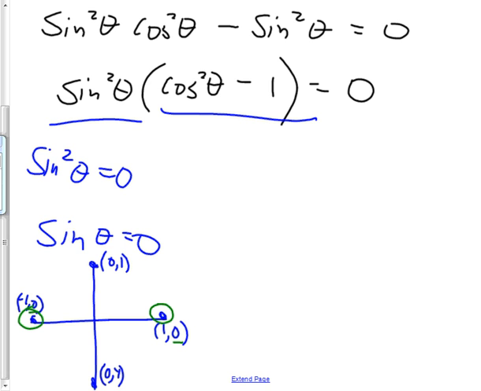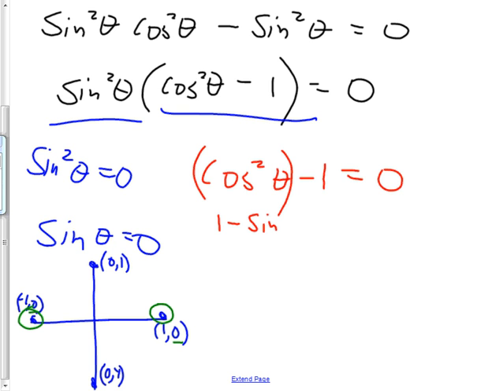And over on the other side, I'm going to do this side. Cosine squared theta minus 1 equals 0. I tried to do something last hour with switching that out with a sine, but I don't think you really need to. You could replace cosine squared with 1 minus sine squared. Okay, you could do that. So 1 minus sine squared theta minus 1.